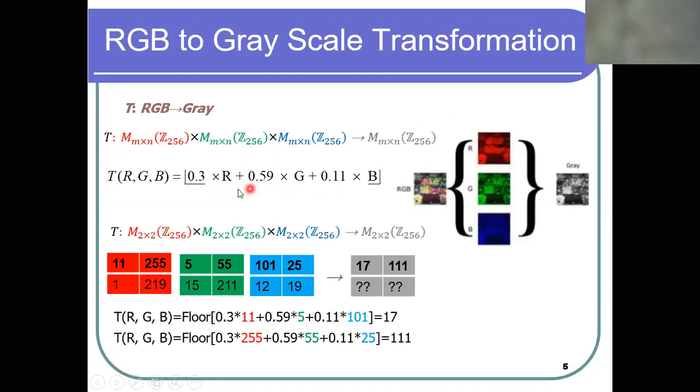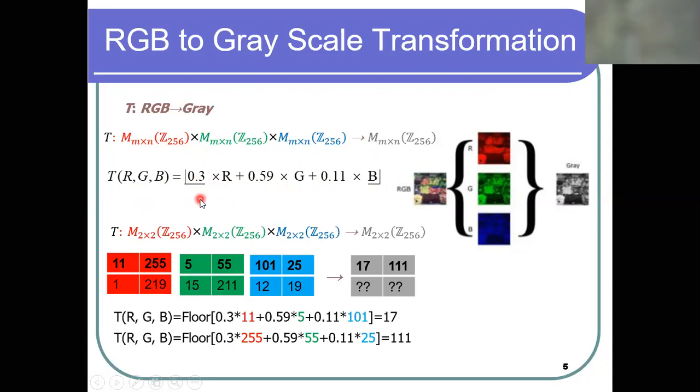This function is basically used by MATLAB while transforming any color image to grayscale. It takes three tuples, one from this matrix, second from this matrix, and third from this, and transforms them to this: 0.33 R plus 0.59 into G plus 0.11 into B, and we take the floor.